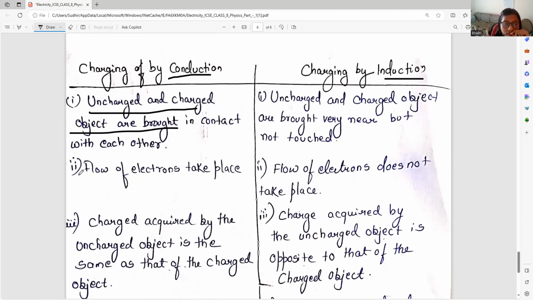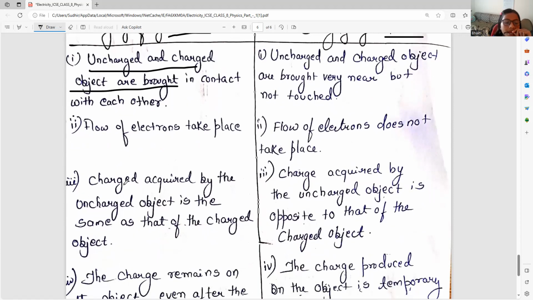Flow of electrons takes place. The charge acquired by the uncharged object is the same as that of the charged object.